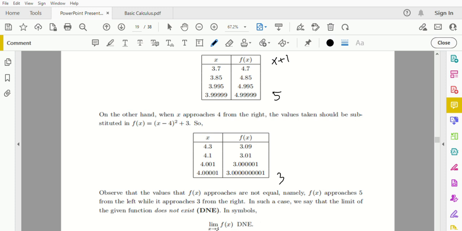Take note, we are not using the equal symbol. Just write limit of f of x as x approaches 4, then write the capitals DNE, meaning does not exist. In short, if the values of f of x as x approaches a specific constant from the left and from the right are not equal, then of course the limit does not exist.